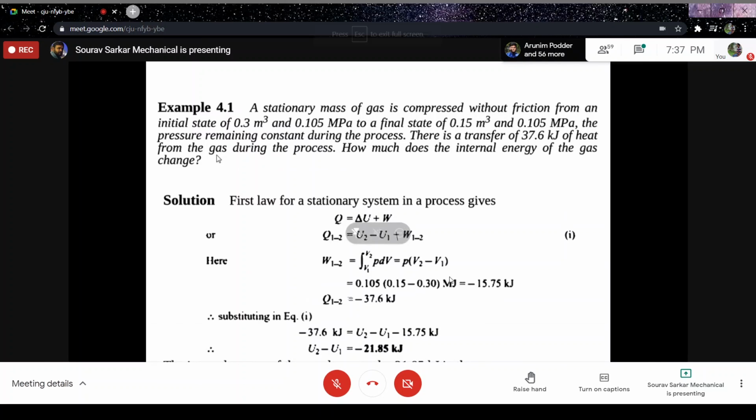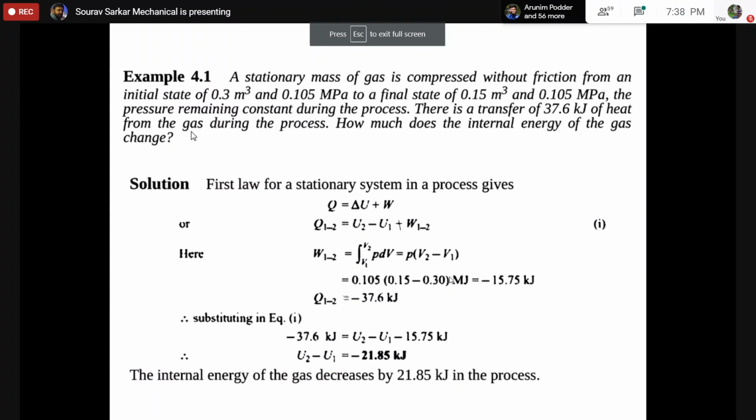Correct. So when the gas is losing heat, what is the meaning of that? Negative. So Q is negative. If you consider the first line and substitute in equation 1, this Q is going to become negative.